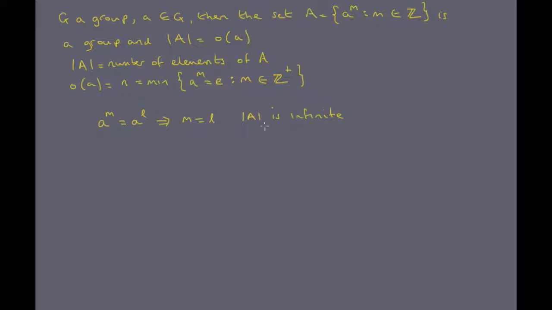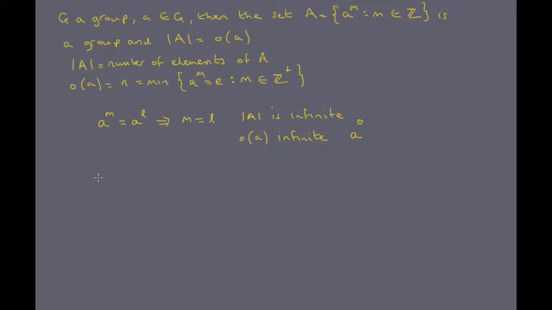And we define the order of little a as being infinite too. And this makes sense because apart from a raised to the power of 0, there will be no other integer for which a to the power of the integer is the identity.